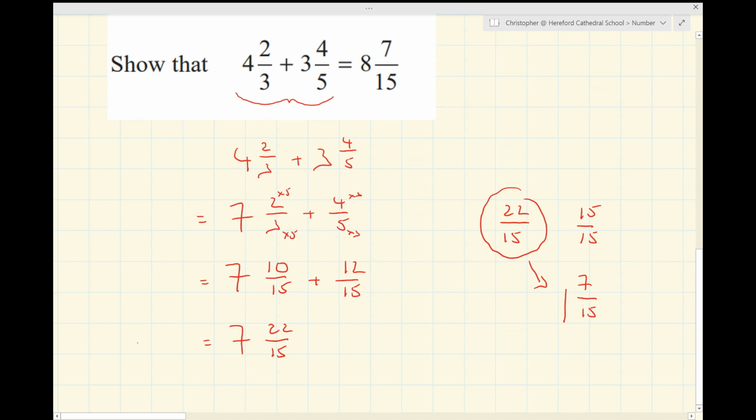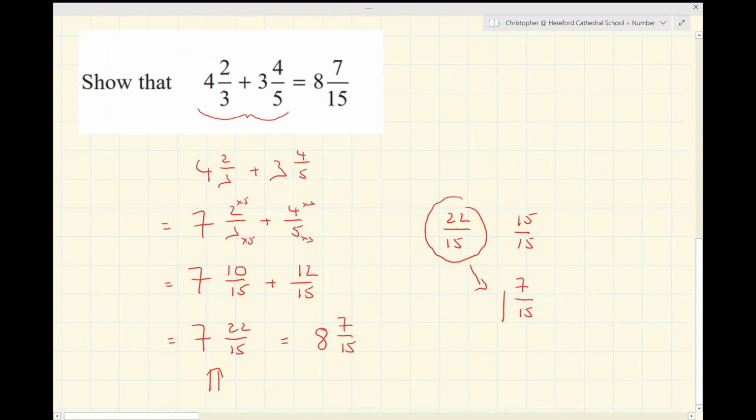So go back to the question here. I've got 7 wholes and 22 15ths. So altogether that will be 8 wholes and 7 15ths. And now let's have a quick check of the question. The question says, show that the left-hand side here equals the right-hand side. Well, look at that. I've done that, haven't I? So that is that example done.